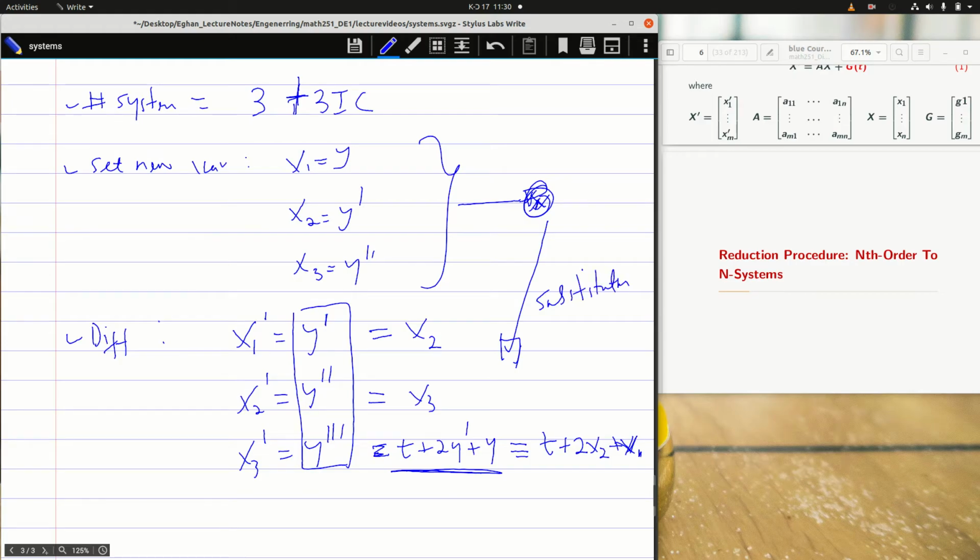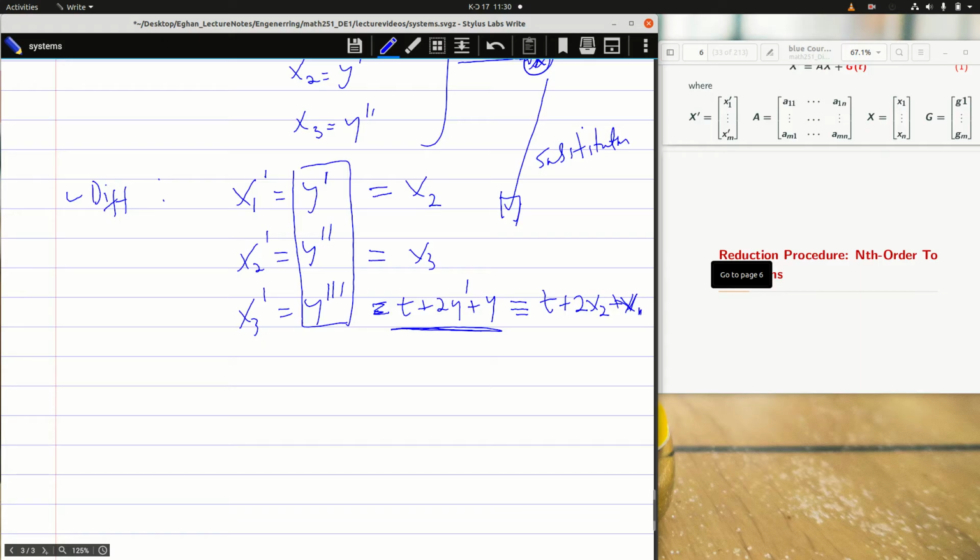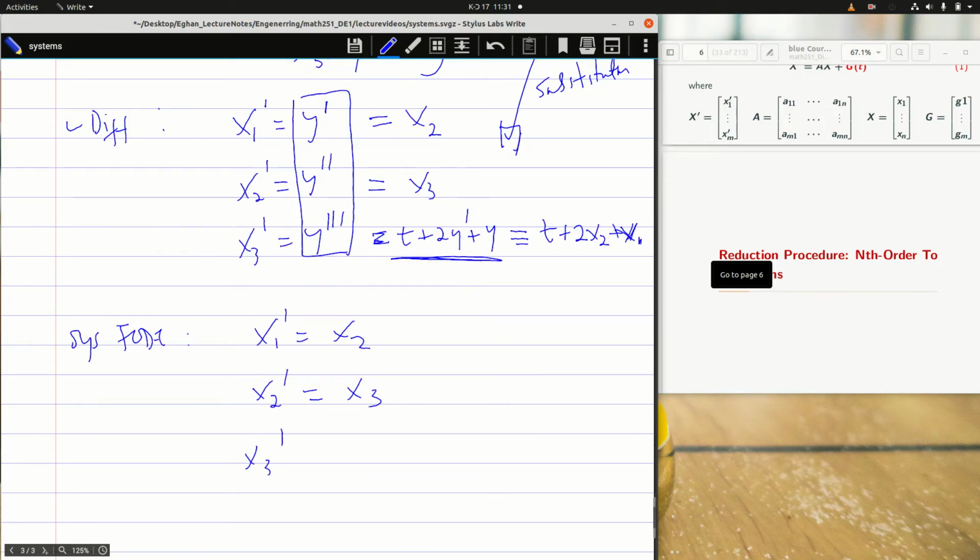Now can we write the new systems of equations? It becomes x1 prime is equal to x2, x2 prime is equal to x3, x3 prime is equal to 2x2 plus x1 plus t. With the initial conditions given, y at 0 means I'm going to get x1 at 0 equal to 1.